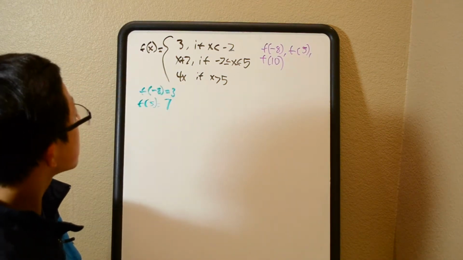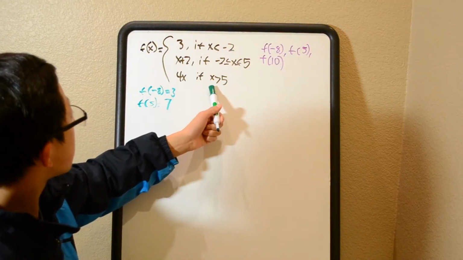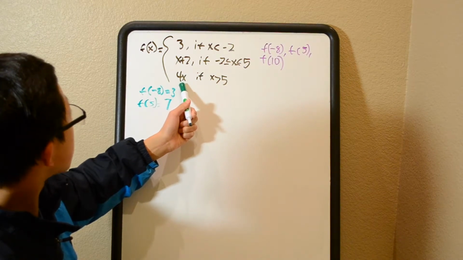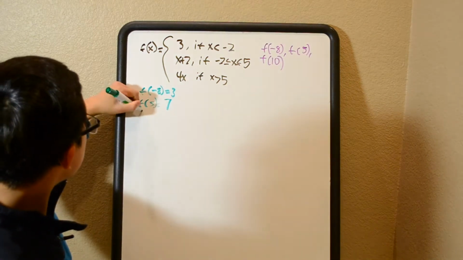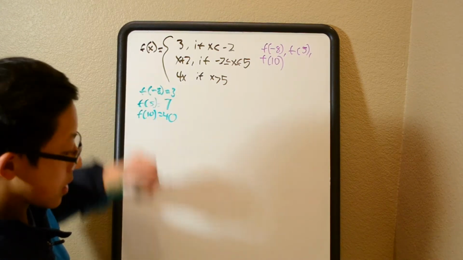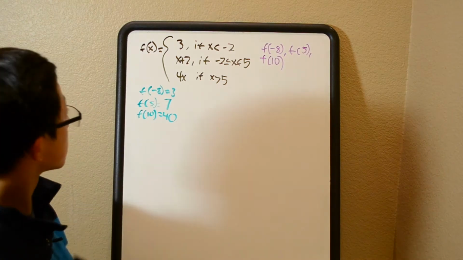And our last one, f of 10. So we know that 10 is definitely greater than 5, so f of 10 is equal to 4 times 10, which is 40. So that's how we solve for piecewise functions.